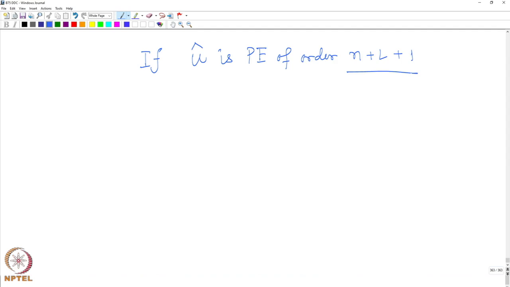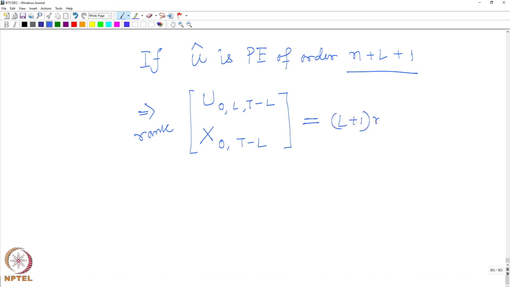If it is of order n plus L plus 1, then we have shown that this implies that the rank of this matrix, U_{0,L,T-L} stacked with X_0, is equal to (L plus 1) times m plus n.